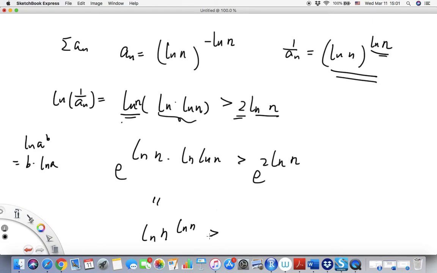So this is going to be greater than e to the 2 times log n. That's e to the log n squared, which by definition is n squared.